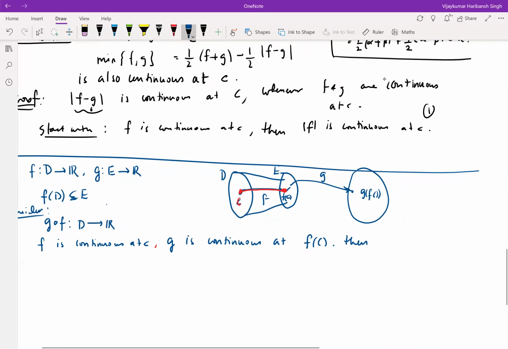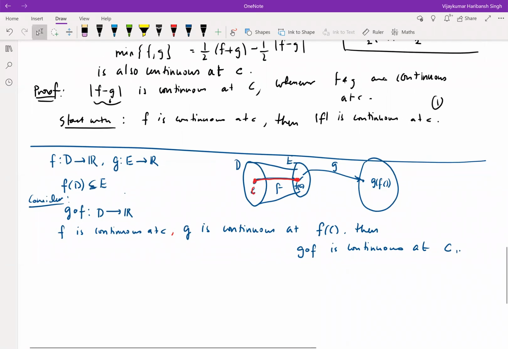Then g of f is continuous at C. Sorry, yeah, that's right. So g of f is continuous at C.